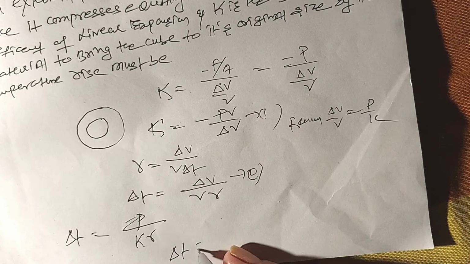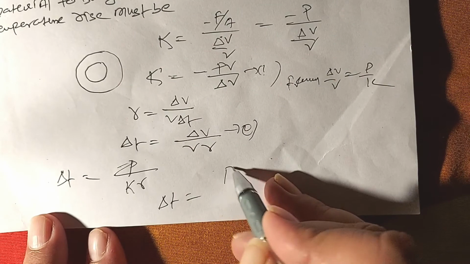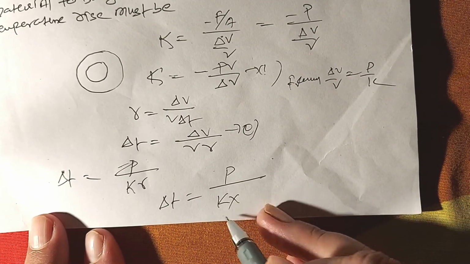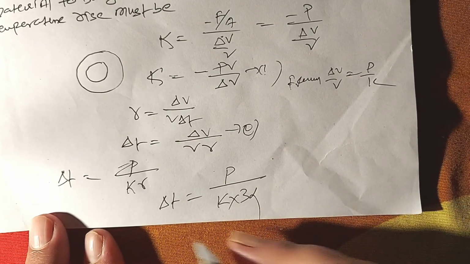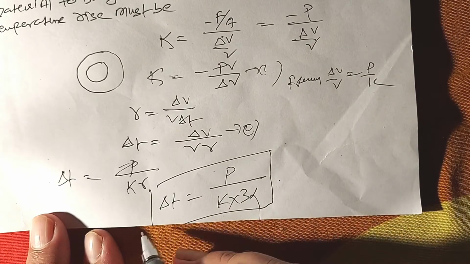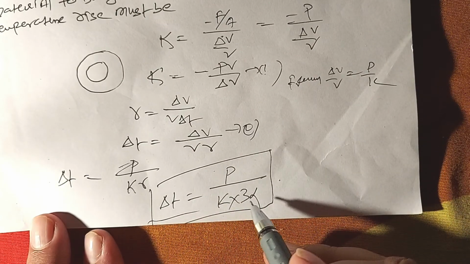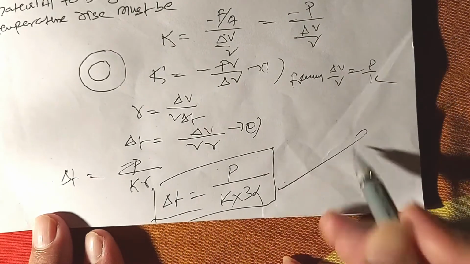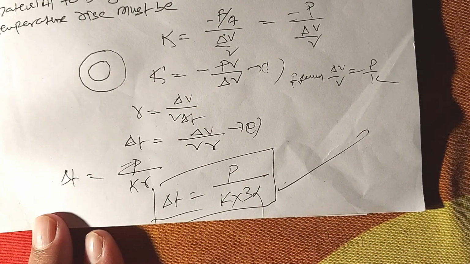So here delta T is equal to, finally we write P by K into, what is gamma here? Gamma is equal to 3 alpha. So our answer is delta T is equal to P by K into 3 alpha. This is the rise in temperature.